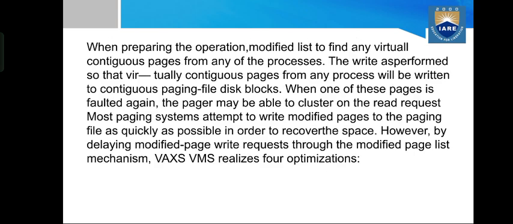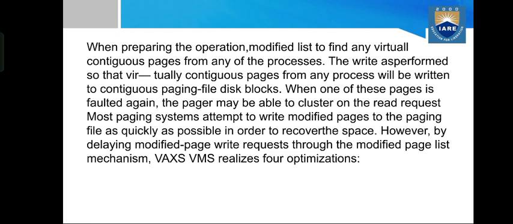When the pager prepares the write operation from the modified list, virtually contiguous pages from the process will be written to contiguous paging file disk blocks. Whenever one of these pages faults, the pager will allow a clustered read request. Most paging systems attempt to write modified pages to the paging file as quickly as possible.